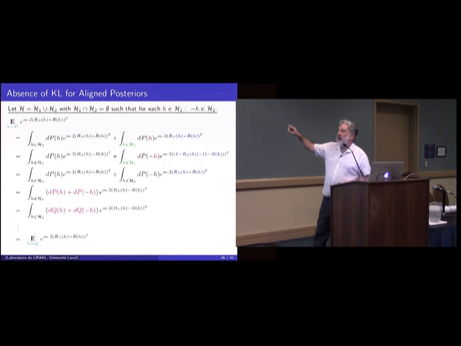I want to transform the expectation on P simply into the expectation on Q without having to pay the Kullback-Leibler divergence. And the idea is the following. You separate your classifiers between the ones and their complements, and so your expectation is the integral over the first set of classifiers plus the integral over the second set. Of course, you have to take care about measurability, but the idea is there.